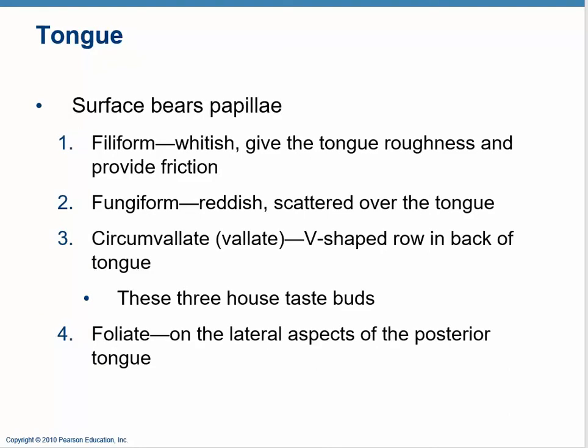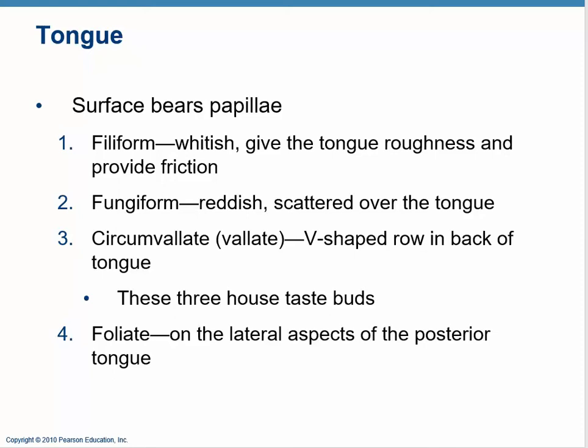So on the surface of the tongue, we have these little bumps called papillae. Now, some people call them the taste buds, but not all of them are actually for taste, though. So the names actually make perfect sense.